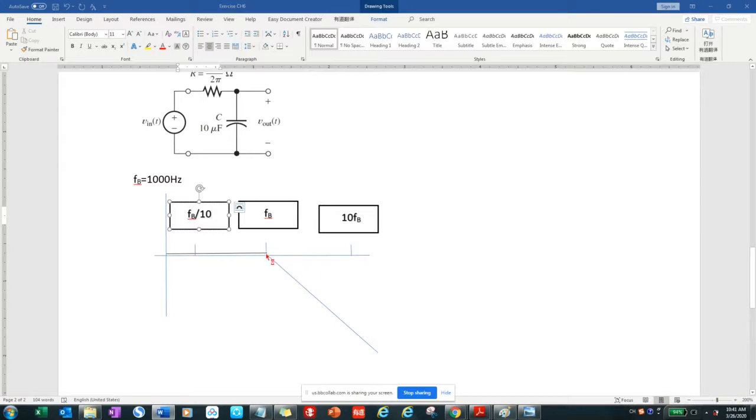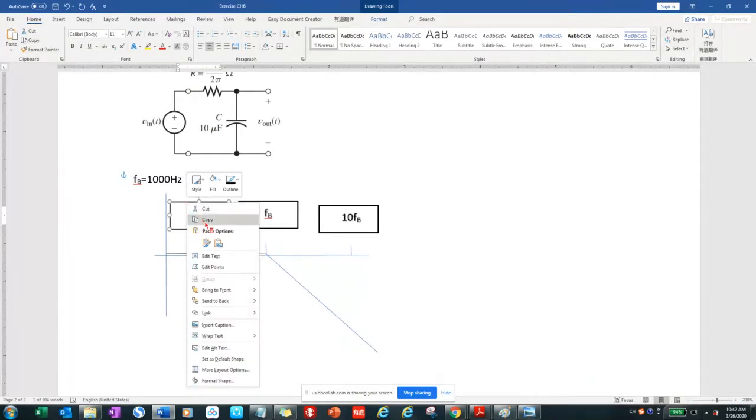Now, this critical point, the first one, is the break frequency. If the frequency is less than this break frequency, the magnitude in dB... note that I didn't draw this part.